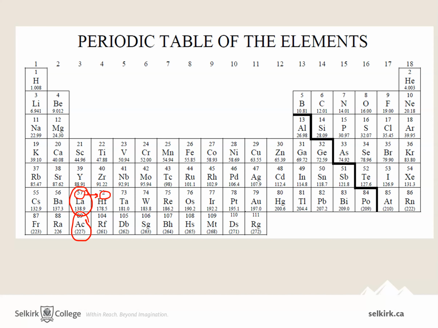The value of the energy level corresponds to the row. For the first row, the valence level is the first energy level. Second period, valence electrons in the second energy level. Third, fourth, and so on.